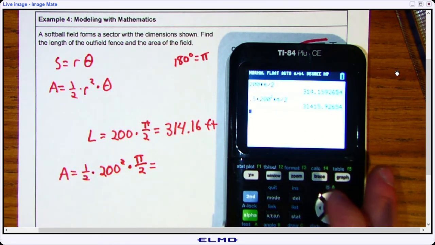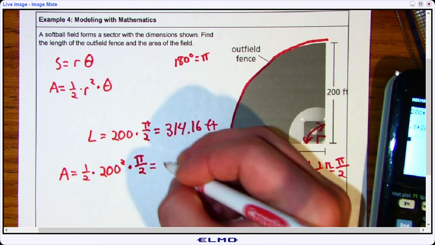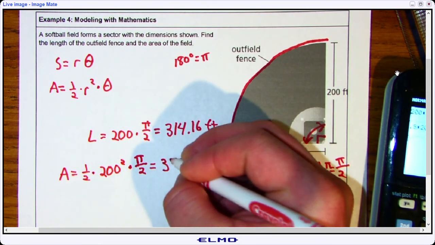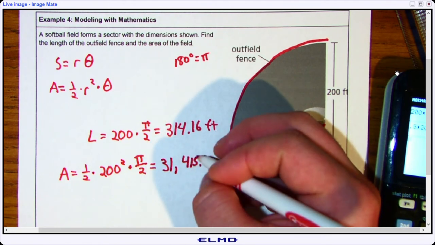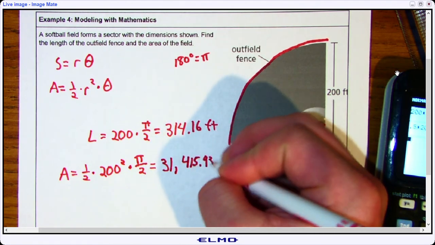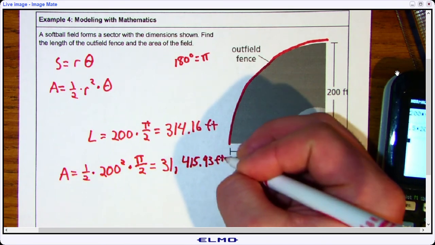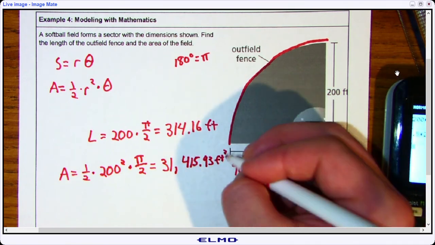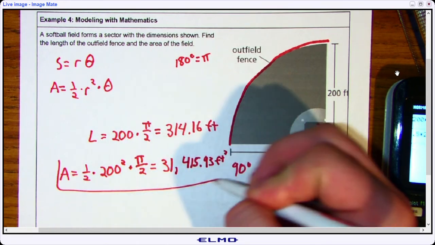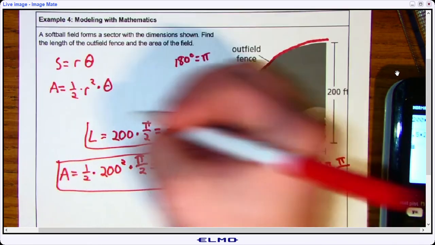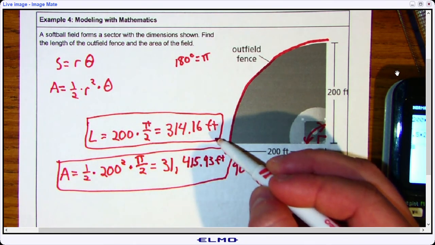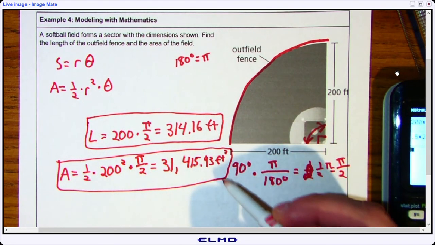Alright, big number. That's going to give us 31,415.93 feet squared, or square feet. These are our two answers. This is our length of the outfield fence, and this is the area of the sector.